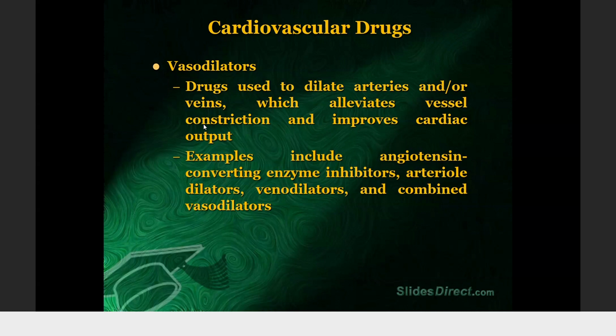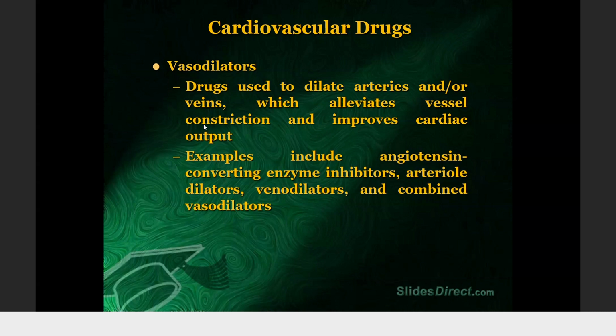Next are the venodilators. The name itself refers to dilating the veins. They are used to relax the blood vessels on the venous side of the circulation, if you want to dilate only the venous side.